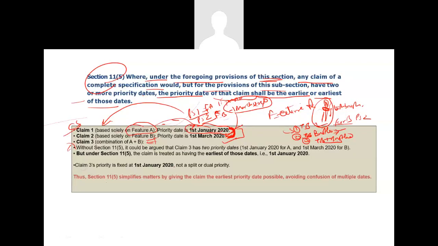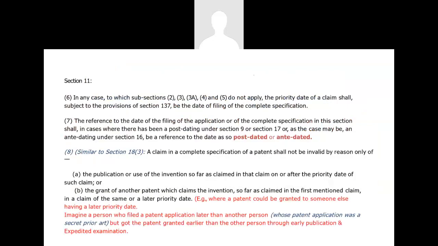So basically, Section 11.5 simplifies matters by giving the claim the earliest priority date possible, avoiding any confusion of multiple dates. Section 11.6, subsection 6. It has given you a lot of tricks to find out the priority date in Section 11.2, 3, 3A, 4 and 5.